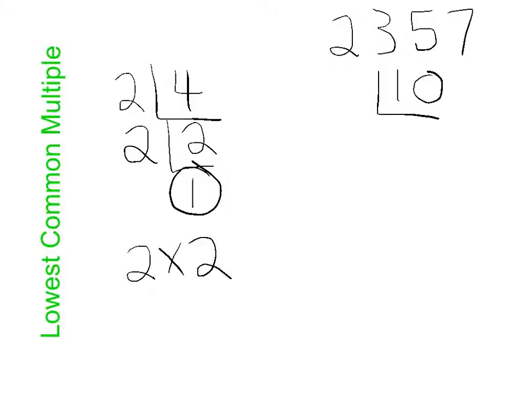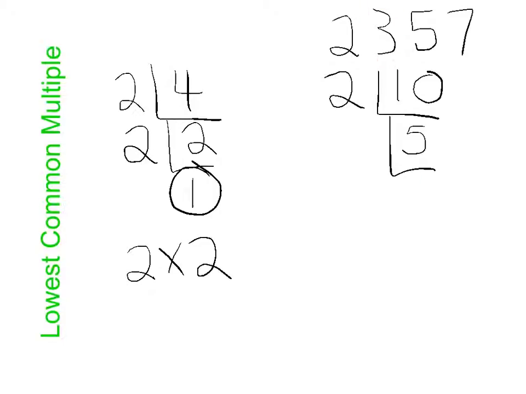I'm going to go over to the 10 now and ask myself the same question. Starting with the prime number 2, am I able to divide 10 by 2 evenly? And the answer is yes. So 10 divided by 2 gives me 5. If I look at the 2 again, I can't divide 5 by 2 without creating a decimal, so I'm going to go to the next highest prime, which is 3.